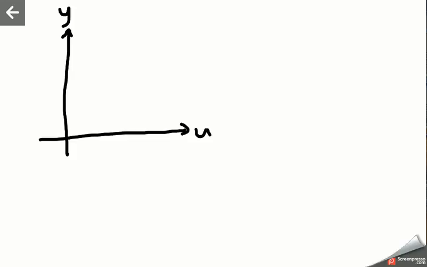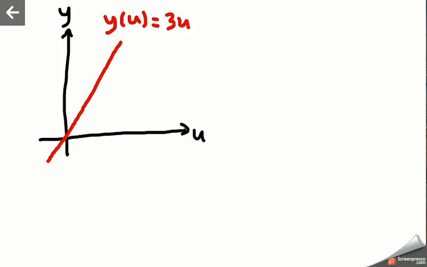So normally we put the x on this axis, but this time our y is going to be a function of u. And that function should be a straight line. Sorry if it's a bit wonky. This is going to be y of u equals 3 times u.